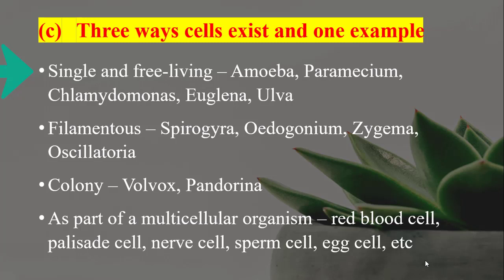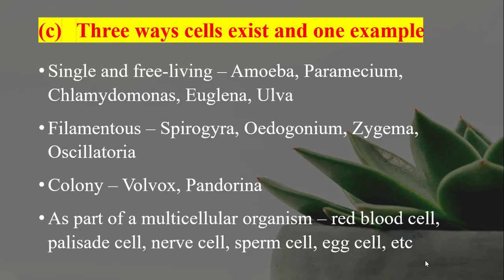It is not enough to just say unicellular. Here we are looking at single and free living. If you give the form in which the cell exists, that's 1 mark, and if you give an example, it's worth 1 mark as well, so 2 marks for each.